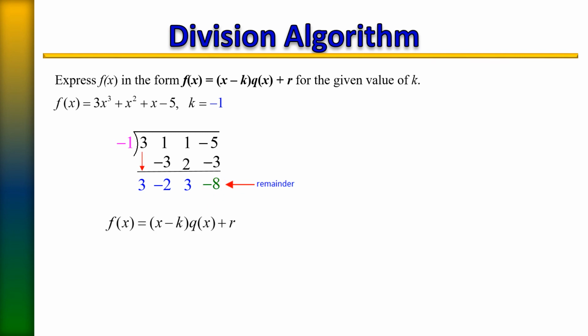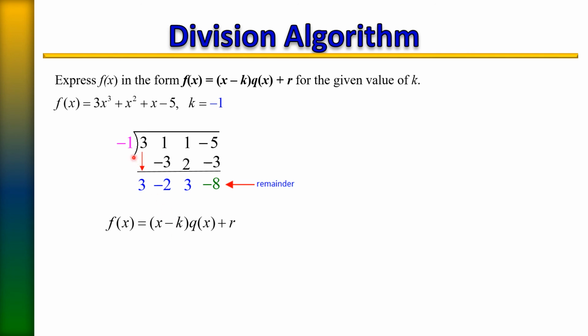In division algorithm form, we first write our divisor. If -1 is out here, when you put it back into x minus k form, it is going to be x plus 1, the very opposite.